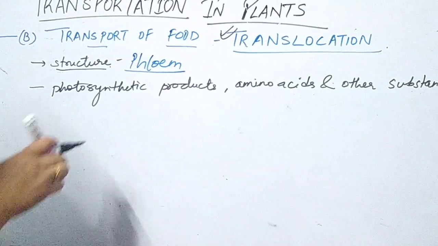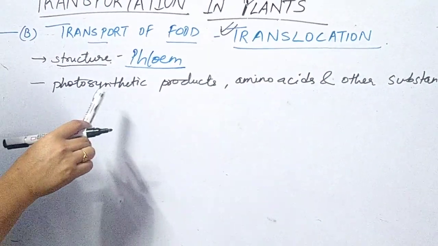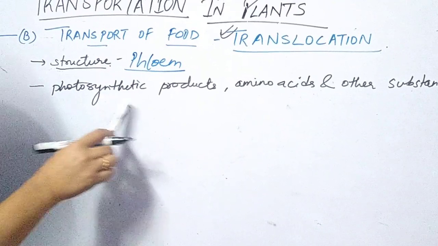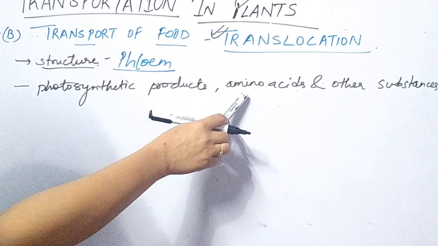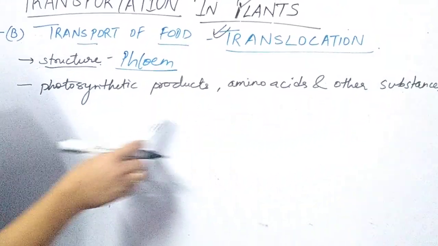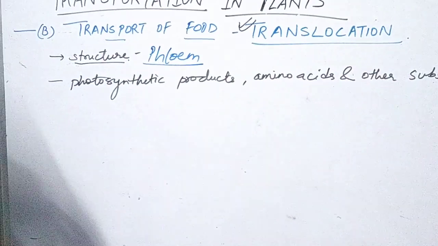Phloem will translocate all the photosynthetic products which are synthesized in the leaf, along with amino acids and other substances, from the leaves to the other parts of the plants.